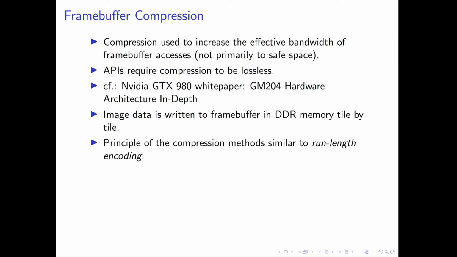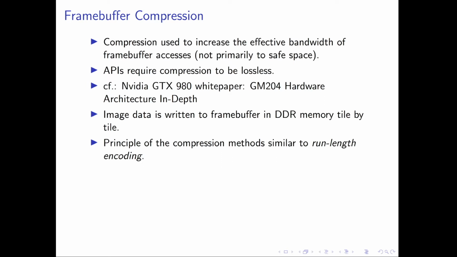At this stage, where the ROPs have written their output to the frame buffer, the render output is inside the frame buffer, and now the display processor accesses the frame buffer's contents, things become a bit more interesting, because there we're usually in a bandwidth limited scenario. The frame buffer accesses usually happen asynchronously, and we usually have very low latency requirements there, because the display will access frame buffer contents at 60 hertz or even above, depending on the type of display that we've connected.